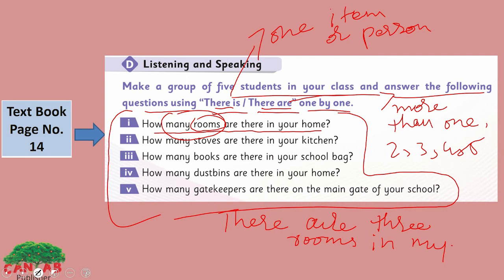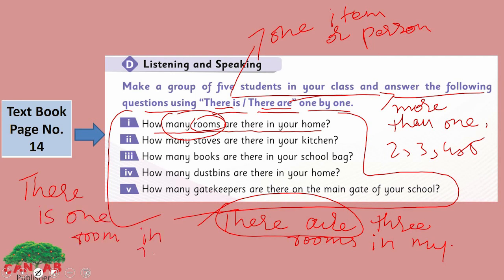The student is asking about more than one item. So you have to answer in plural form, with there are. But if you have one room, you can answer that question like this: There is one room in my home.